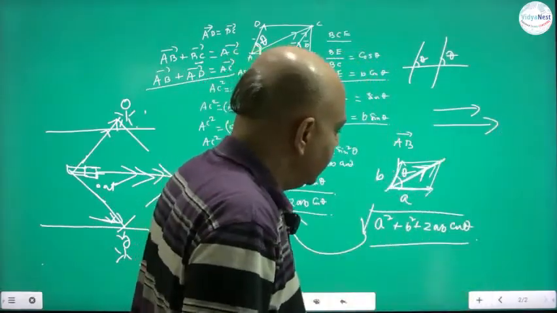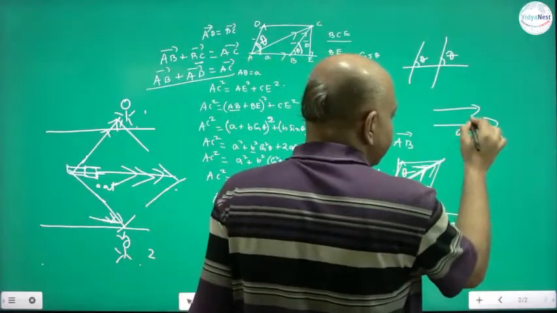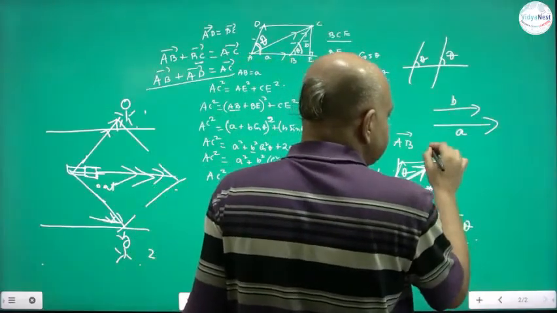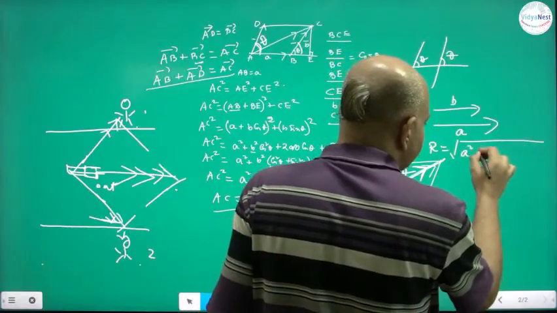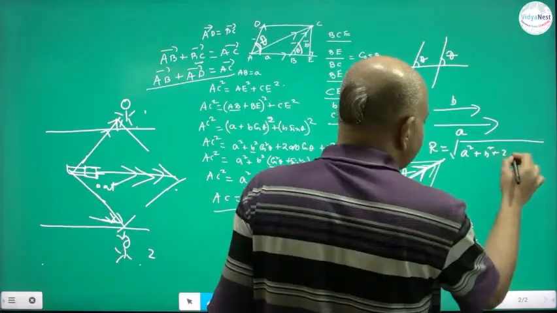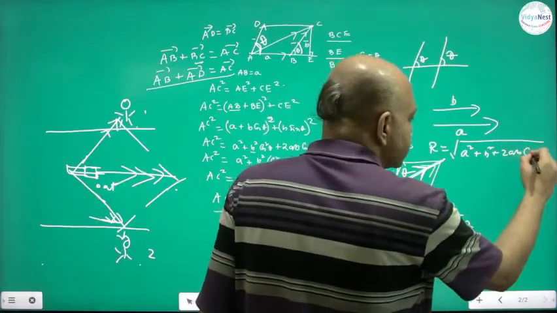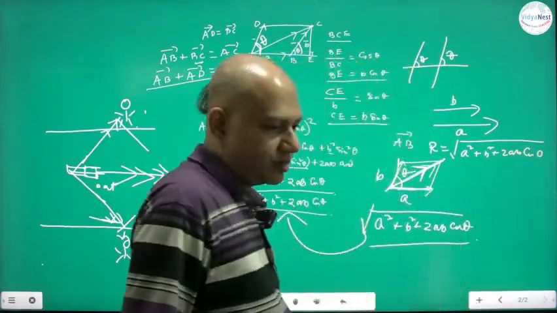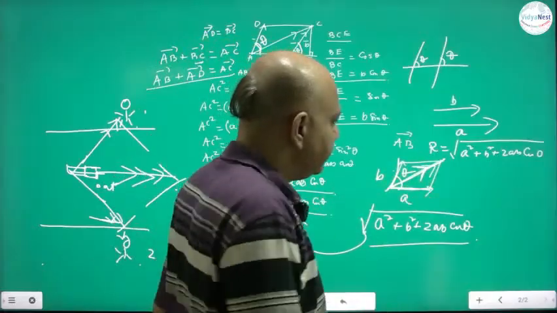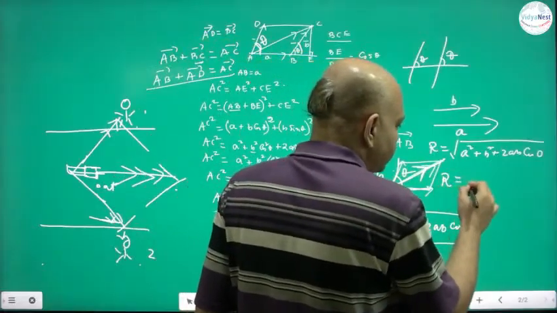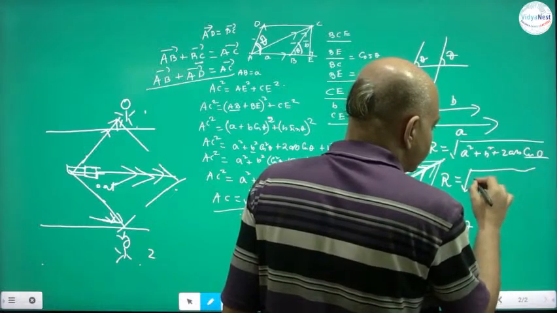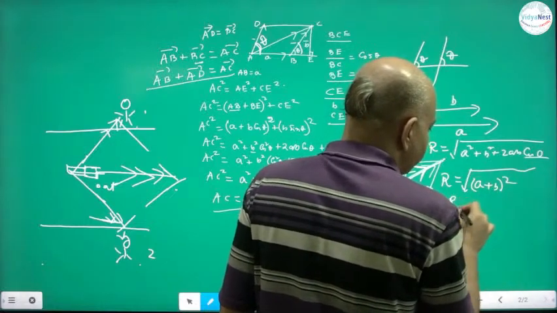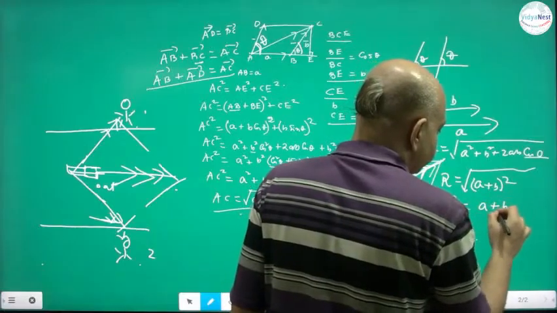Suppose this is vector A, this is vector B, then the resultant of the two vectors is a square plus b square plus 2ab cos 0. Therefore the resultant R, since cos 0 is 1, is the square root of a plus b whole square, simply a plus b.